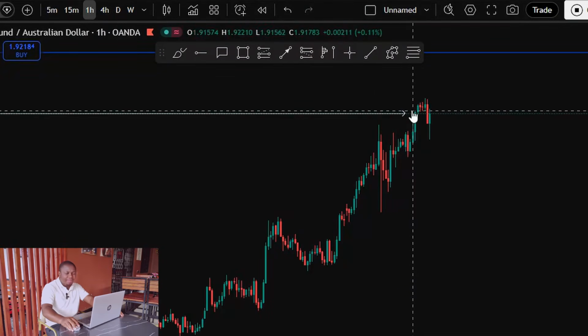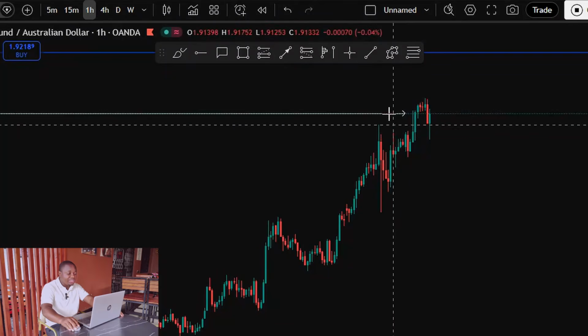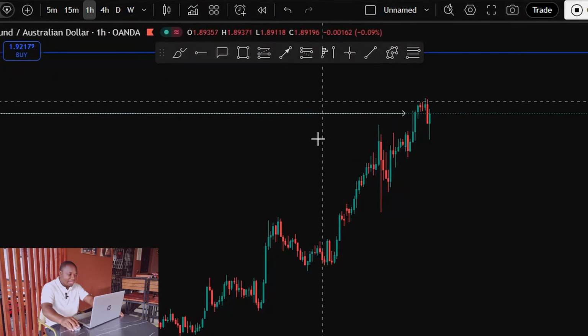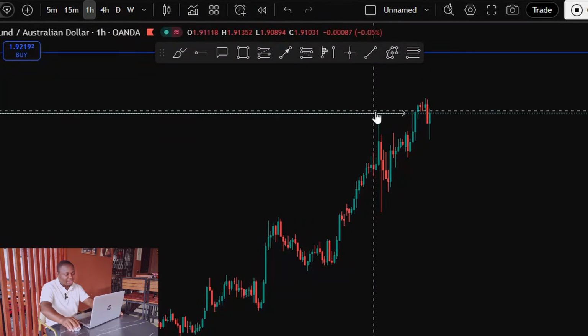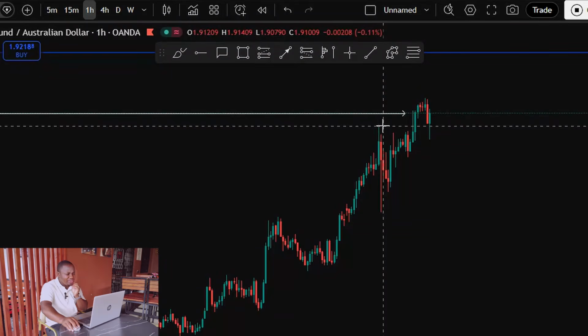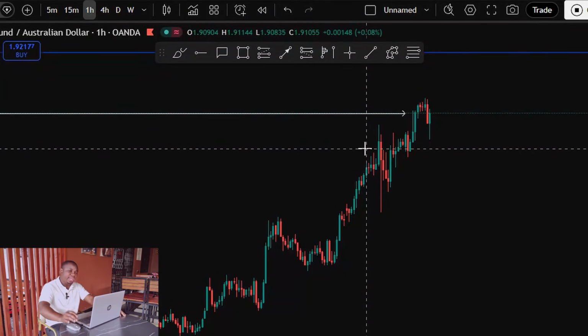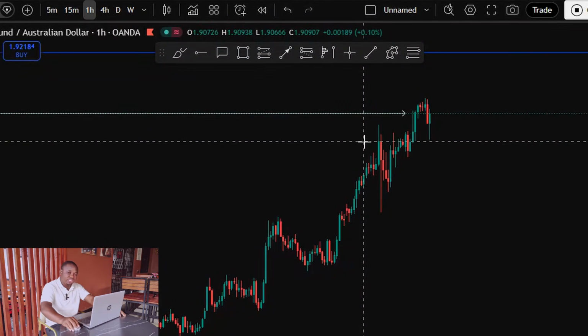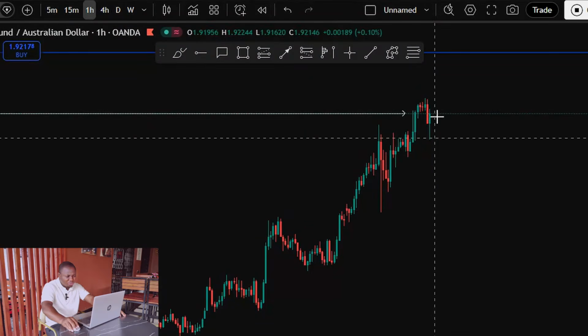This is the area of value we saw on the H4 time frame, and more clearly on the H1 time frame. Can you comment in the comment section below what you think the price is telling us here? Thank you so much for commenting. Nice.